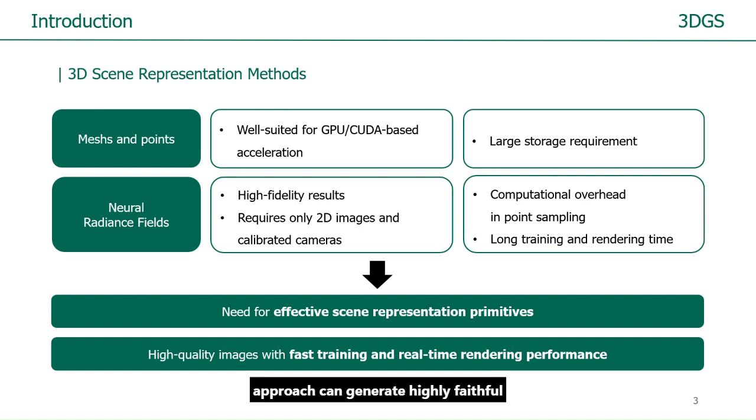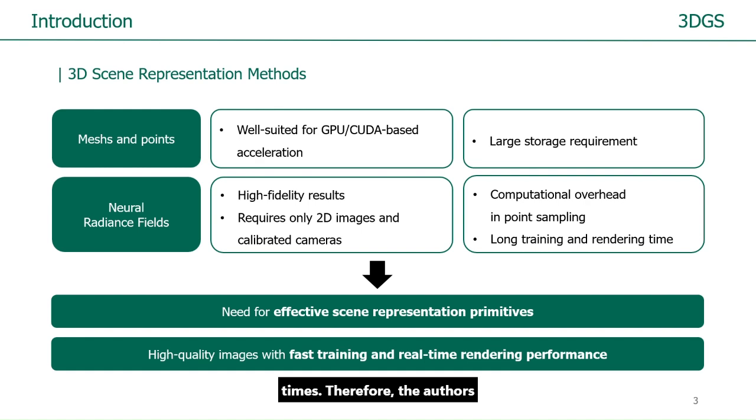This approach can generate highly faithful rendering results and requires only 2D images and calibrated cameras during training. However, the process of sampling points along camera rays and accumulating their colors and opacities introduces significant computational overhead, resulting in long training and rendering times.